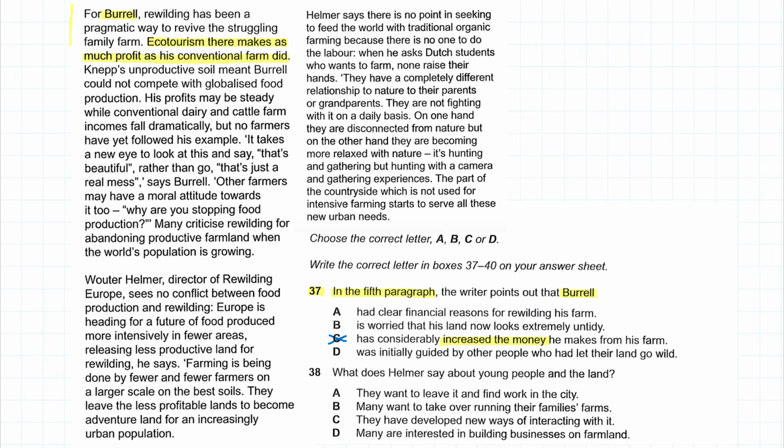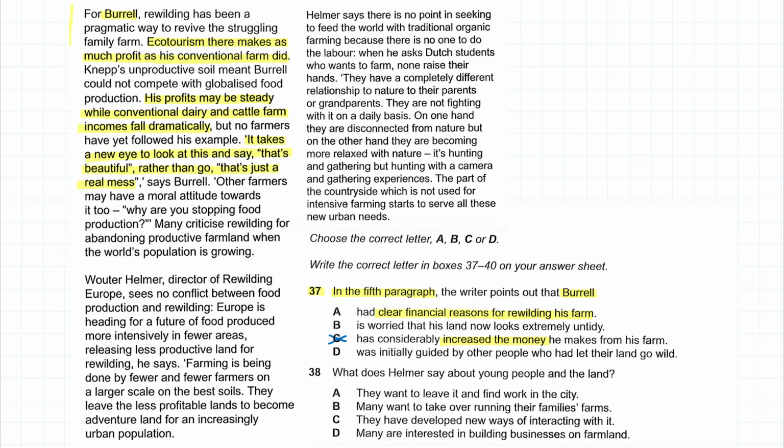Then we read, his profits may be steady, while conventional dairy and cattle farm incomes fall dramatically. So he had clear financial reasons for rewilding his farm. It looks like A is correct, but let's continue until the end of the paragraph and try to find all the options. Then we read this.